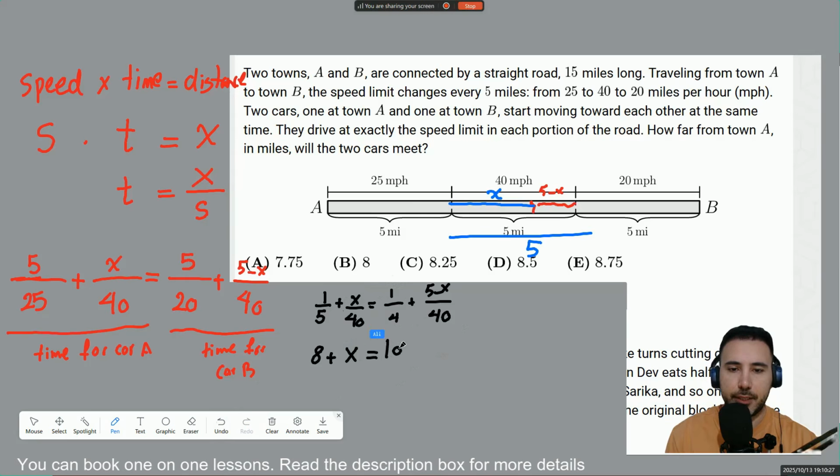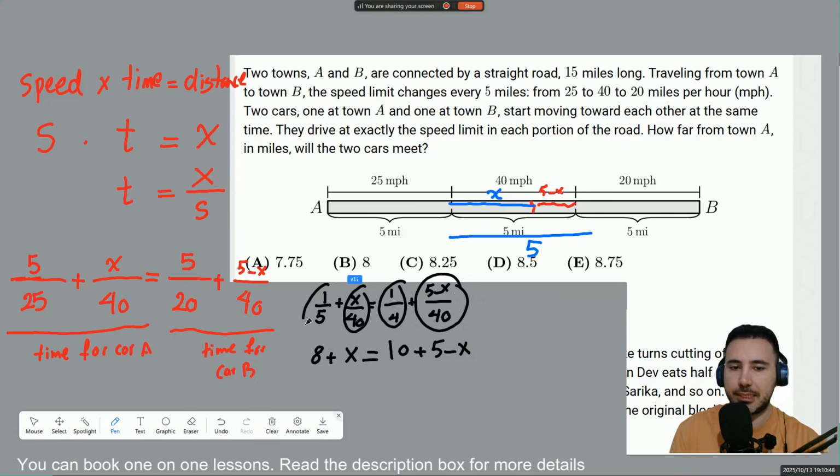And then finally, we multiply this by 40 again. They also cancel each other. So what is left is just 5 minus x. There you go. You see, by multiplying all of these 4 terms by 40, we managed to get rid of all the fractions, and that's what we want.